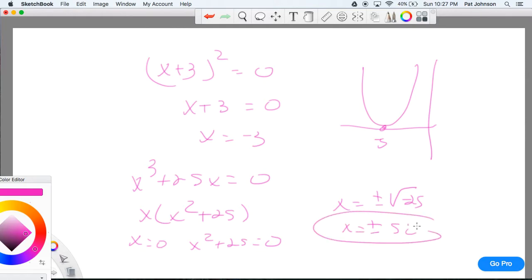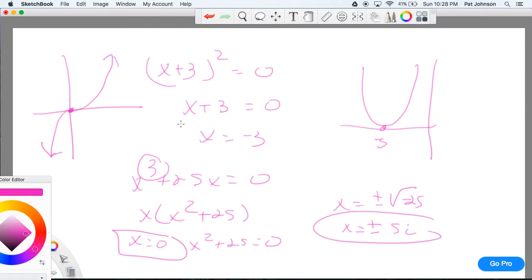If you look at the graph, it's odd degree because it's a third-degree, so it goes in opposite directions, and we have a real root at x equals 0 and then 2 imaginary roots. That's why it only crosses one time.